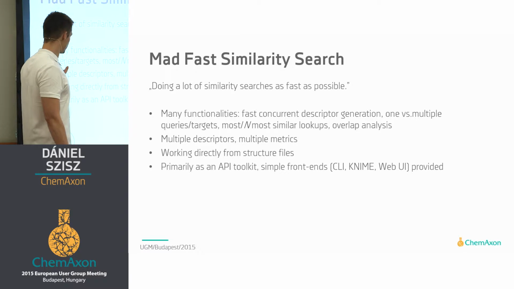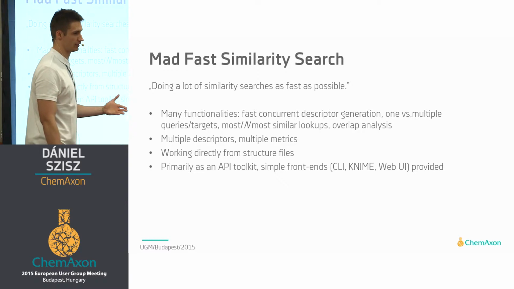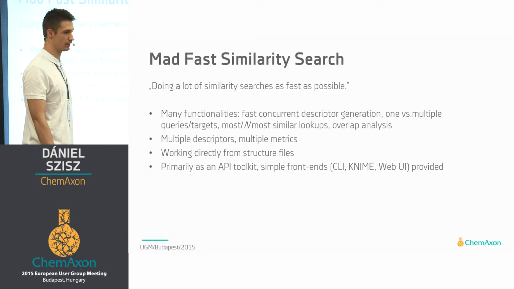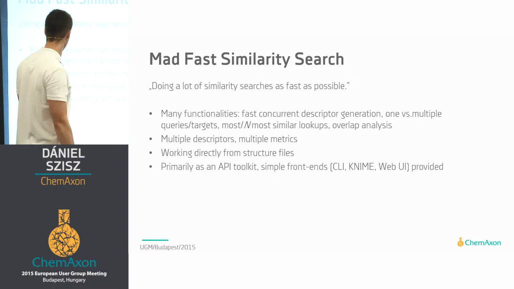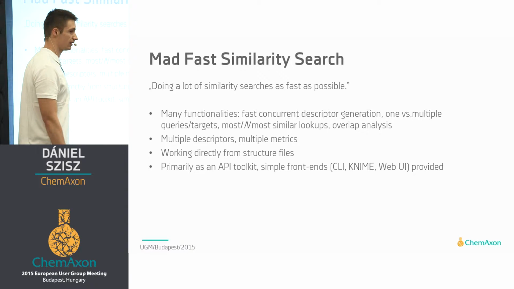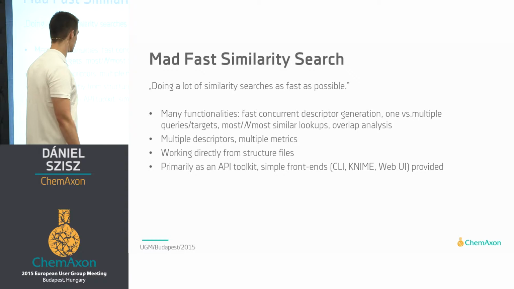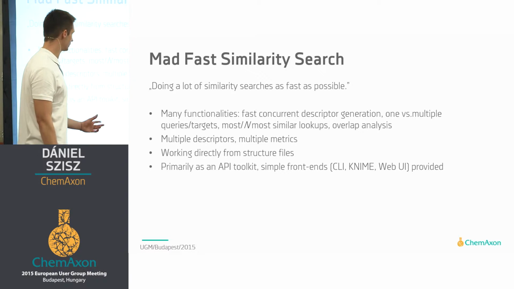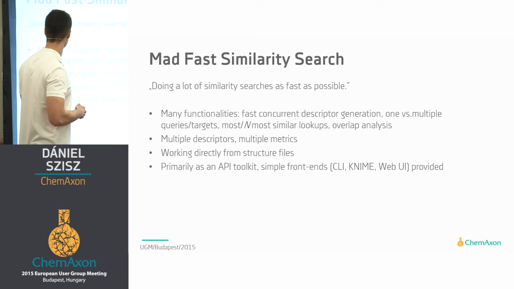It's also easy to work with because you can directly upload your structure files. Currently it's just an API toolkit, so you have to have some programming capabilities to use it. But we also provided a command line application, a KNIME node, and also a web UI prototype.